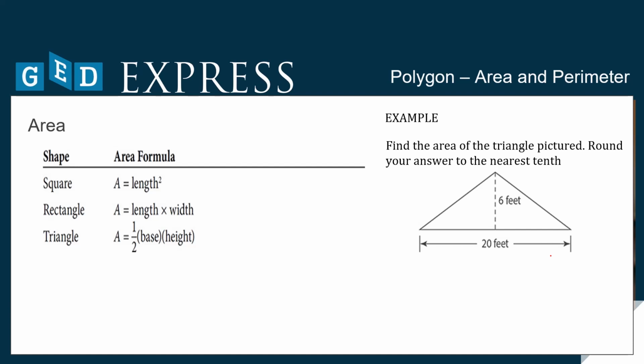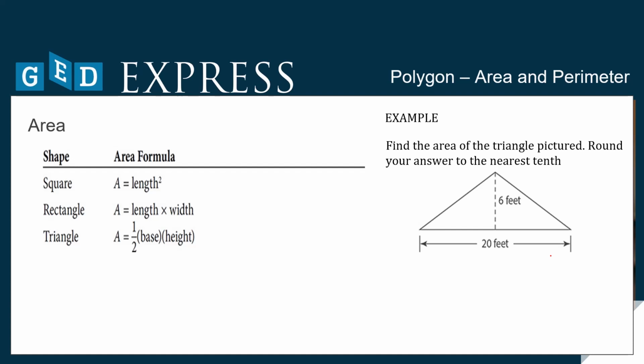For a rectangle, the area is the product of the length and the width. For a triangle, the area is the product of the base and height divided by 2, or multiplied by 1/2.